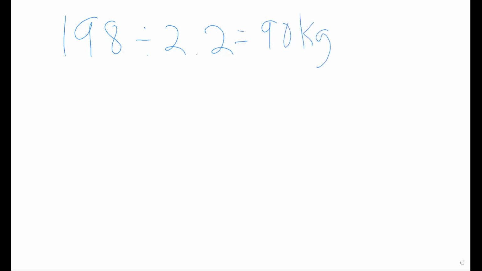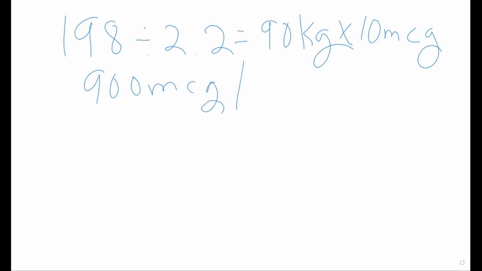We're going to multiply that times our ordered dose, which is 10 micrograms. That'll give you 900. So now we have 900 micrograms per minute. We have to get to mLs per hour.